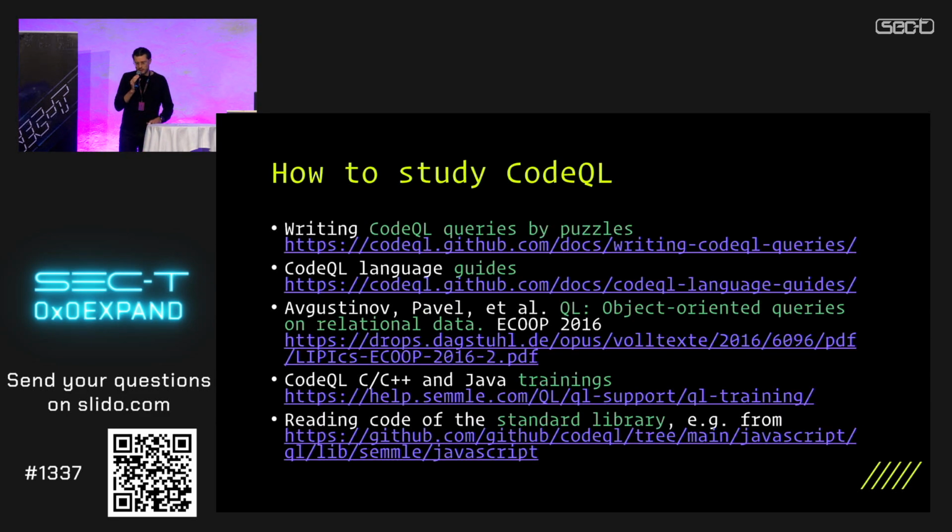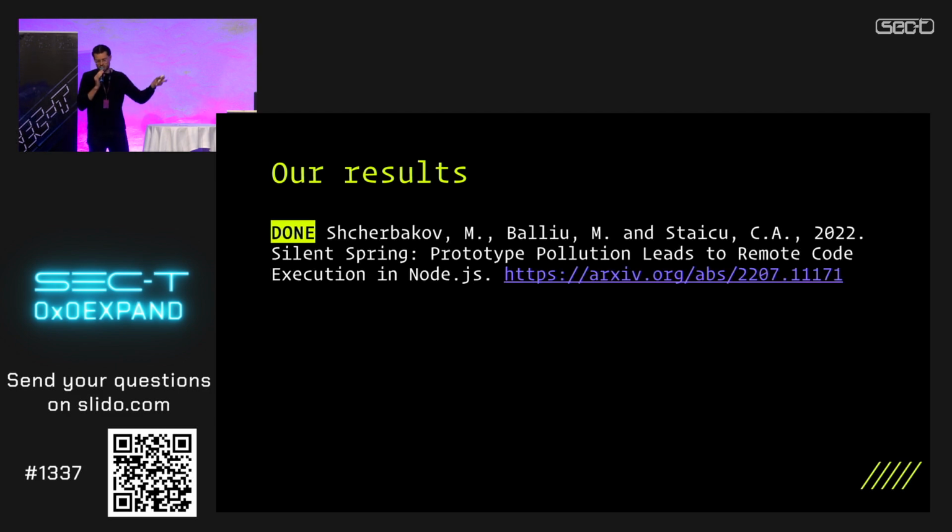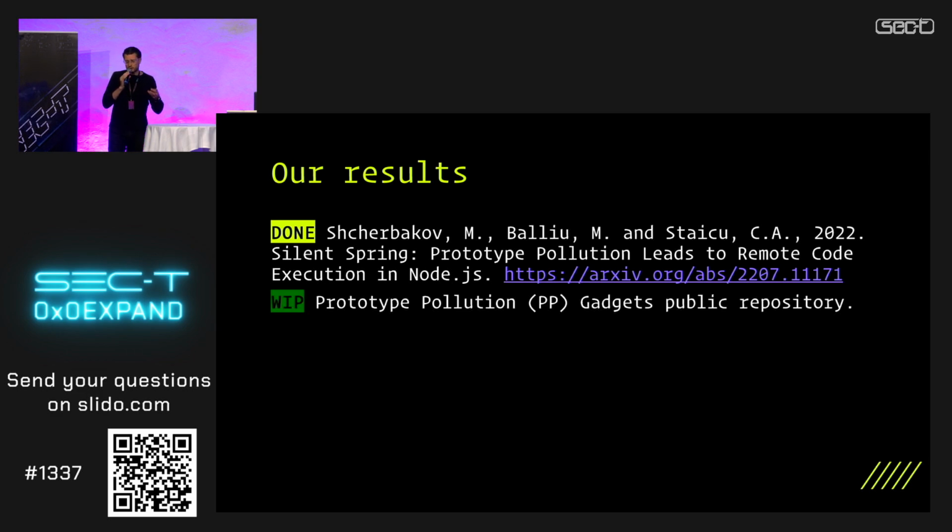So here I show a link on how to start learning CodeQL, and our current results. As I mentioned, we published papers that were accepted at USENIX Security 23 where we used CodeQL, and there is a lot of work in progress.